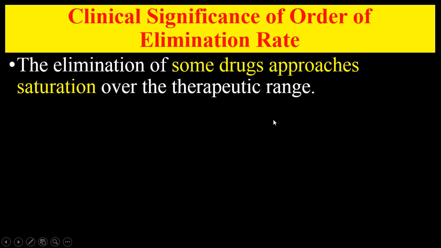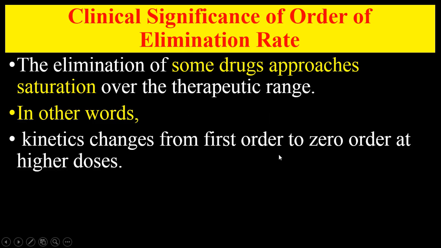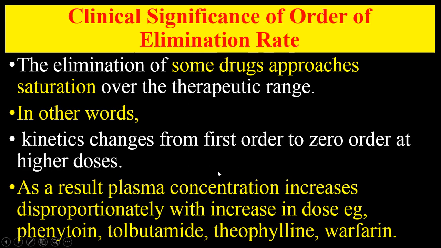Now, clinical significance of order of elimination rate, you might have guessed it too. Yes, the elimination of some drugs approaches saturation over the therapeutic range, in other words, the kinetics changes from first order to zero order at higher doses, and as a result, plasma concentration increases disproportionately with increase in dose. Examples: phenytoin, tolbutamide, which is an anti-diabetic drug not much used these days, theophylline and warfarin.